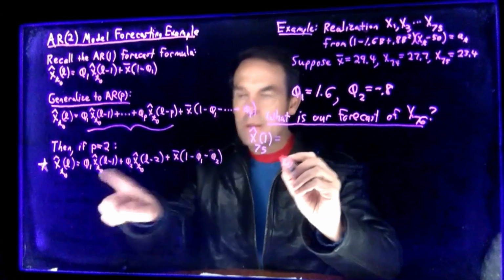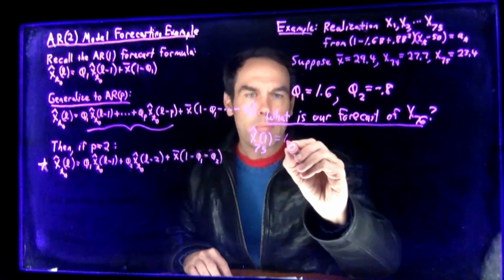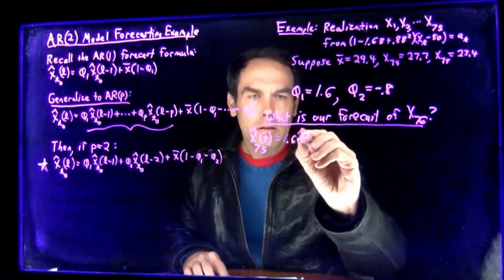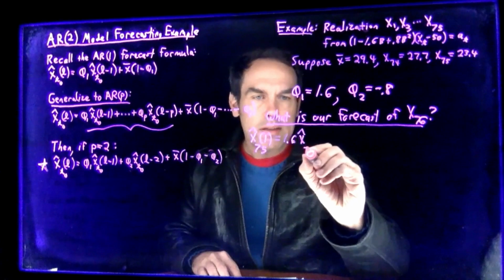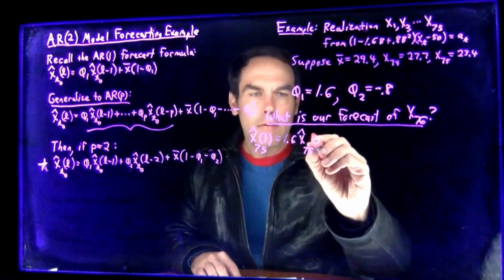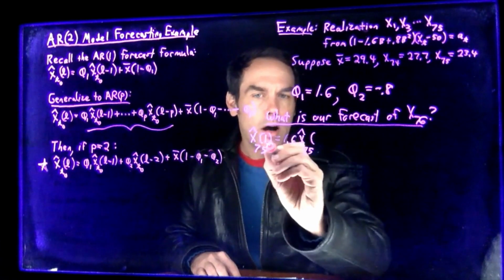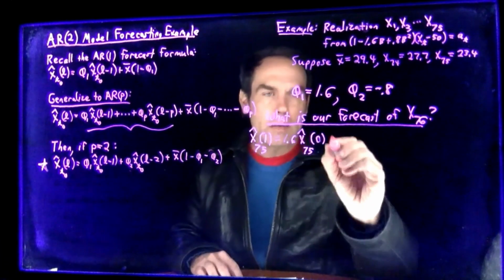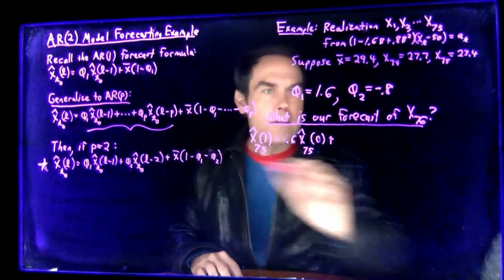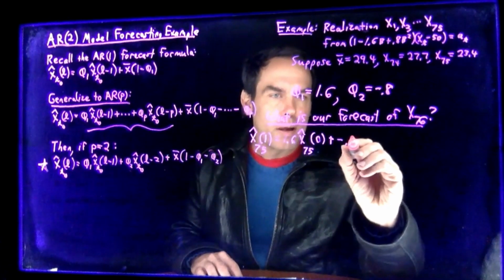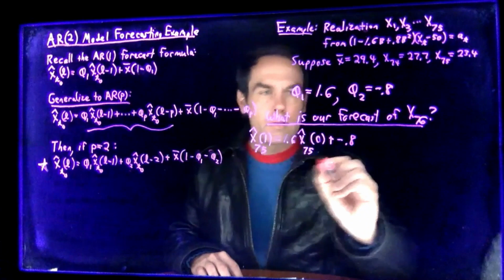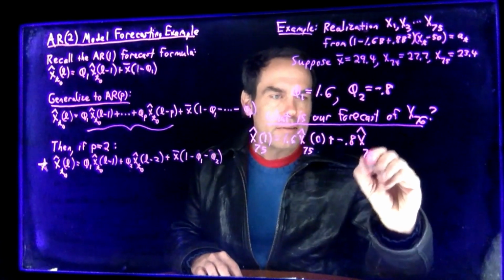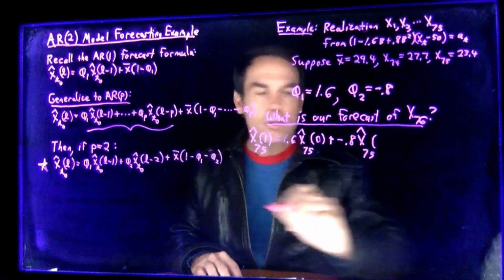So it's first of all going to be phi1. Well, we know that phi1 is 1.6 times x hat of T naught, which is 75, of L minus 1. Well, our L is 1. 1 minus 1 is 0. So that's what that should be. Plus, now we're at phi2. Phi2 is negative 0.8 times x hat of 75 again, of L minus 2.